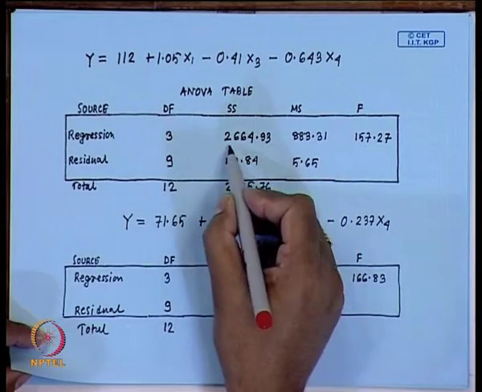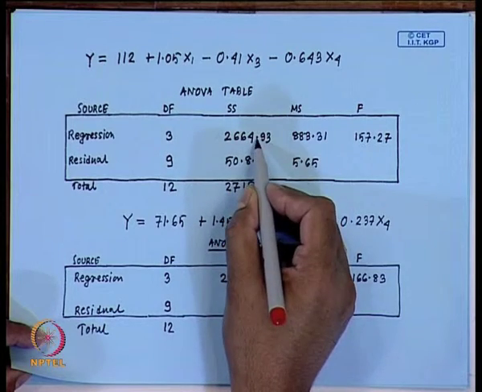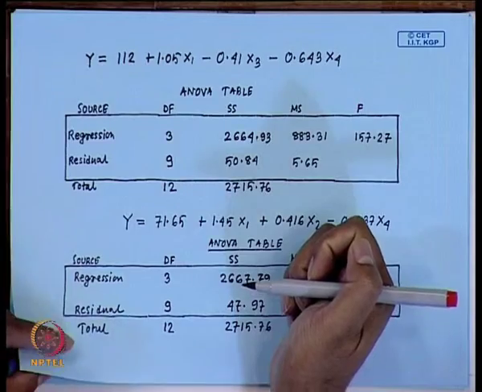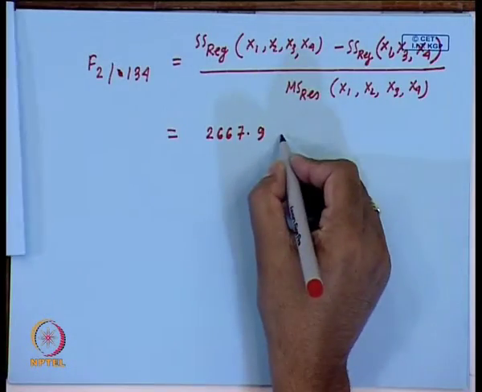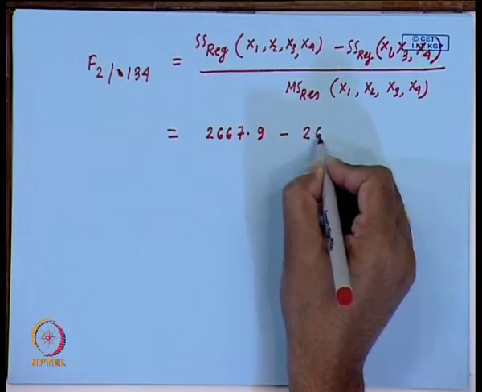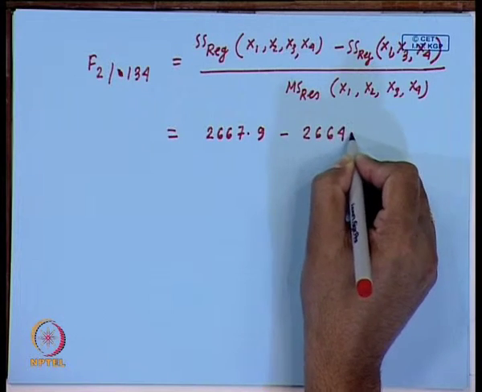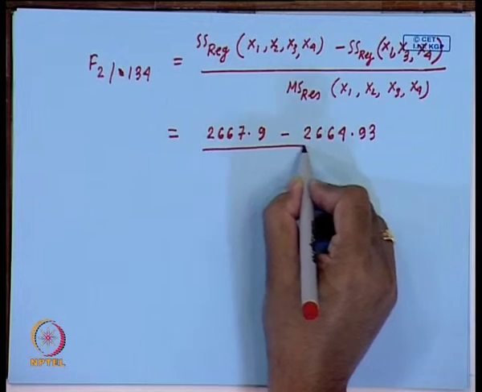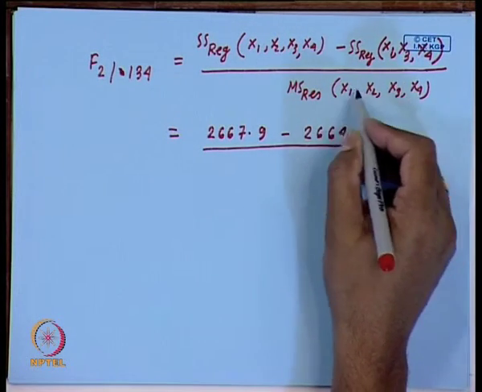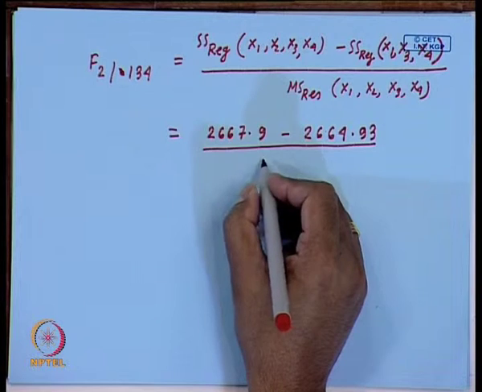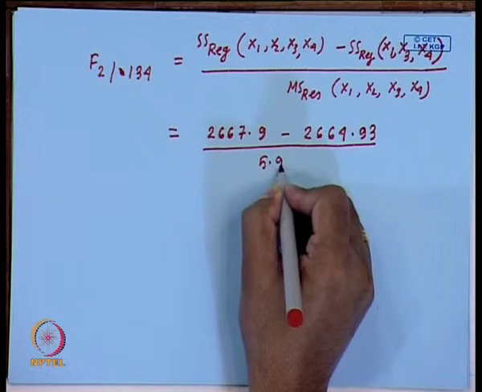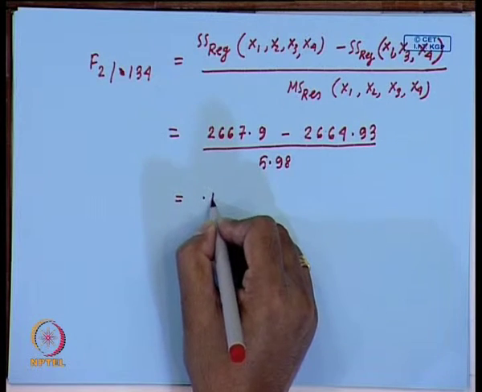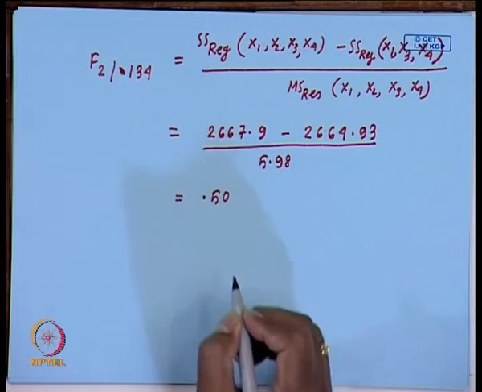So, the SS regression is 2664.94, right. So, minus 2664.93 divided by the MS residual for the full model, that is 5.98, and this value you can check that this is close to 0.50. Okay.